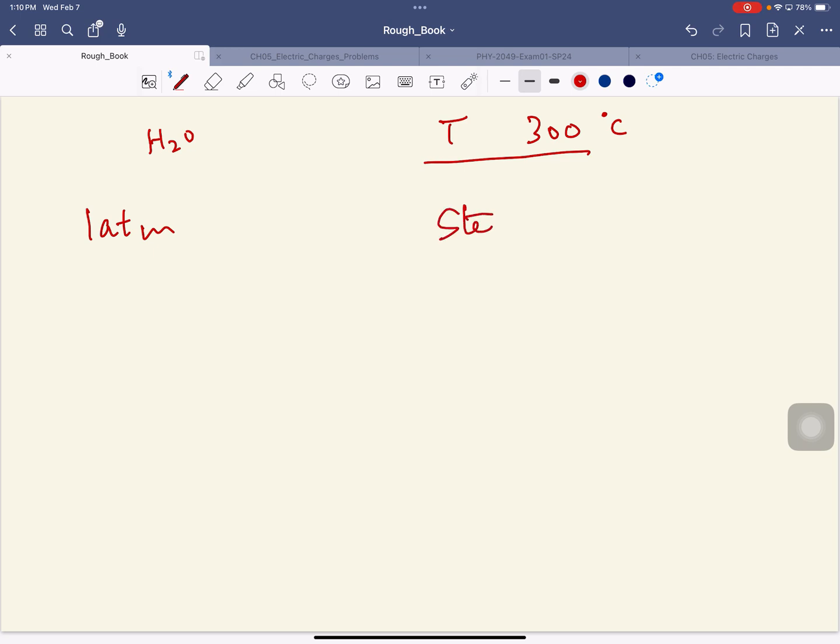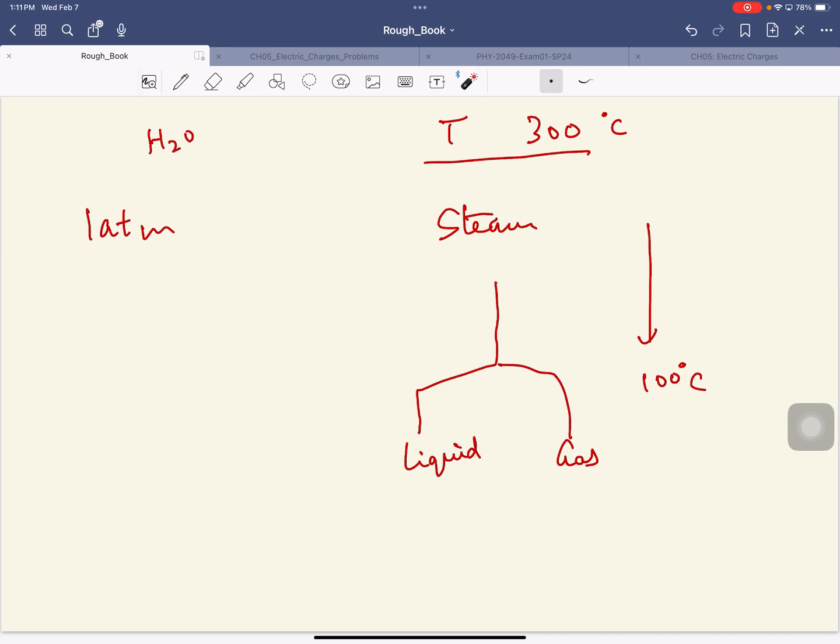Then we reduce the temperature, let's say to 100 degrees Celsius. What starts happening? It starts condensing back to water, so you'll have some gas and some liquid. As the temperature drops, a phase change happens, and you get multiple states.